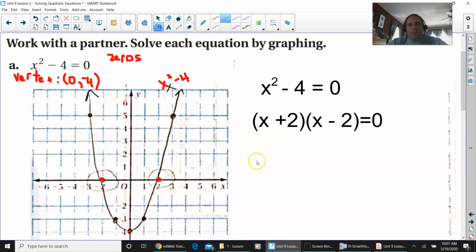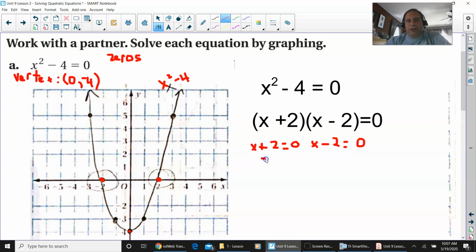So when you set it up, it's x plus 2 equals 0, and x minus 2 equals 0. One of them has to be 0.